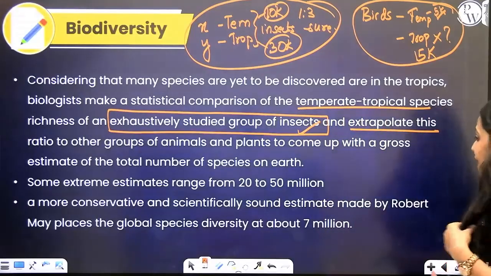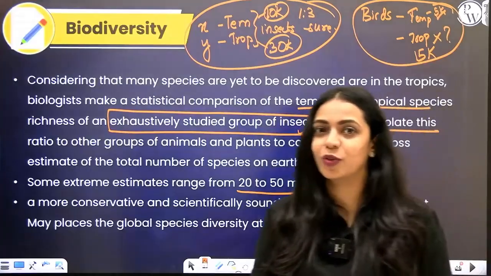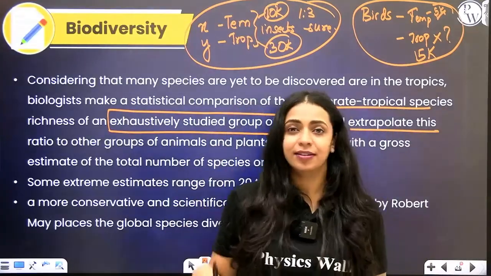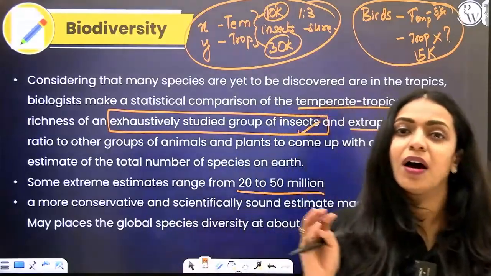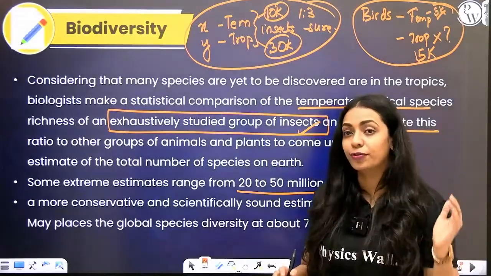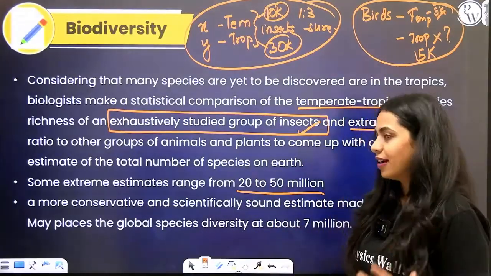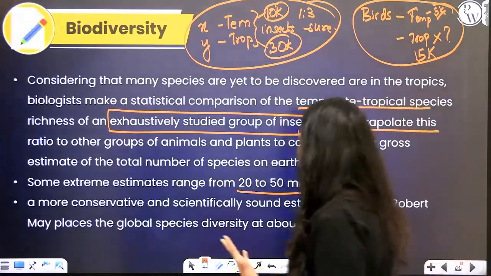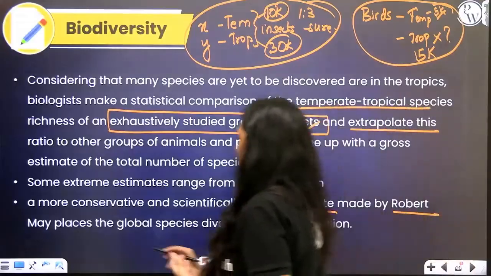So there are some estimates that range from 20 to 50 million. Remember, I told you in the beginning of the session that on Earth currently, the species of plants and animals that have been described are about 1.5 million. So some estimates say that there are a total of 20 to 50 million species, but there are more scientific estimates made by Robert May.